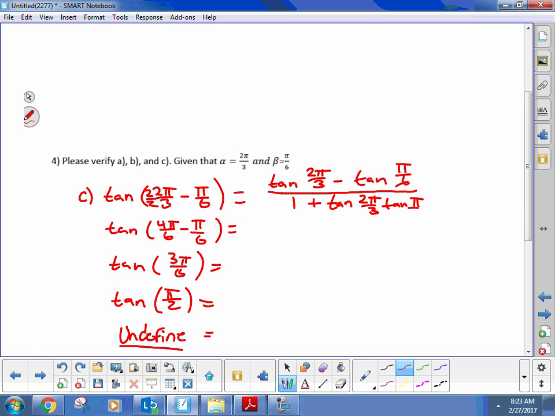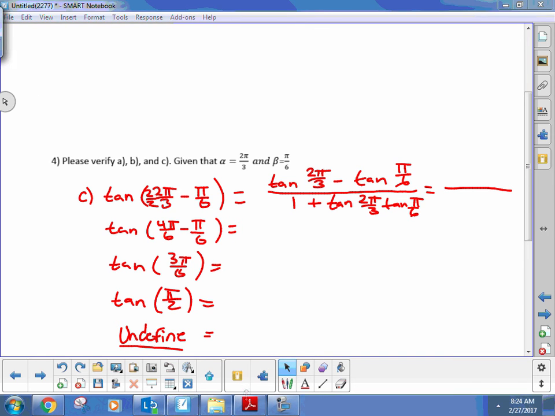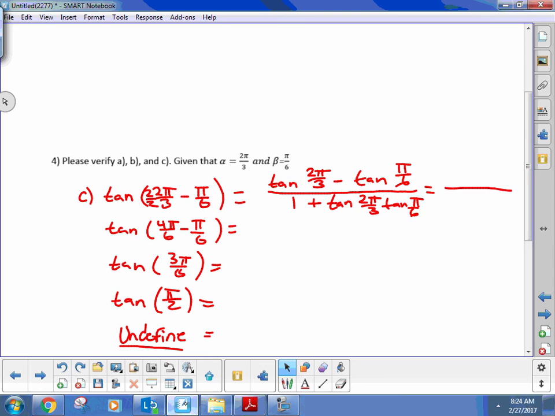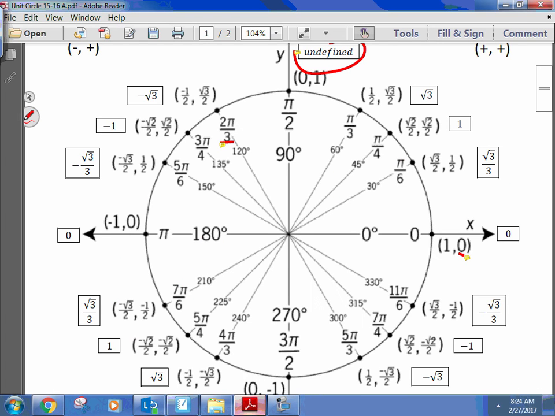So what I'm going to do is I'm going to focus on the denominator in this case. Because I'm kind of expecting that this is going to happen. So what I'm going to do is just look for the values of tangent of 2 pi over 3 on the unit circle. Negative square root of 3. So that means that this is going to be 1 plus negative square root of 3. And tangent of pi over 6, square root of 3 over 3.